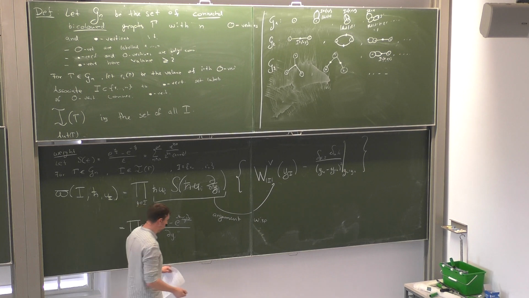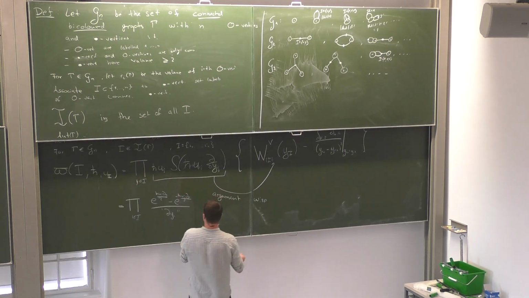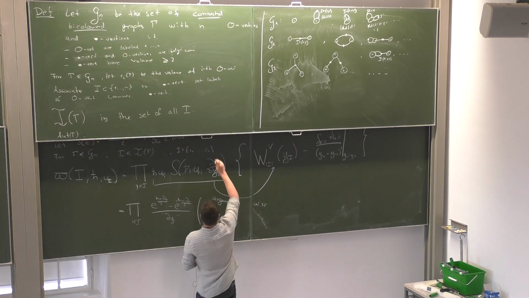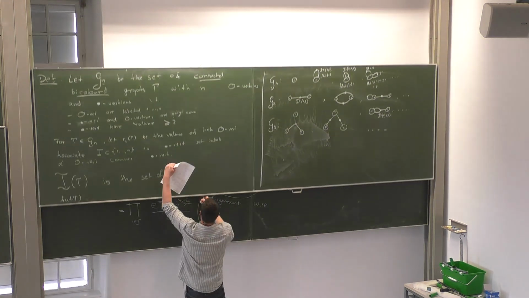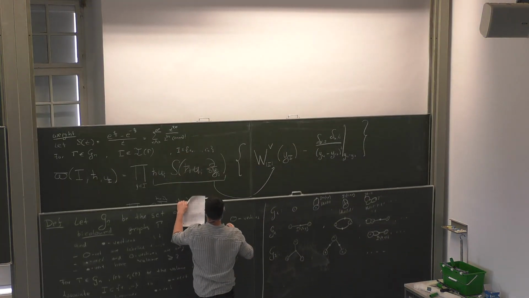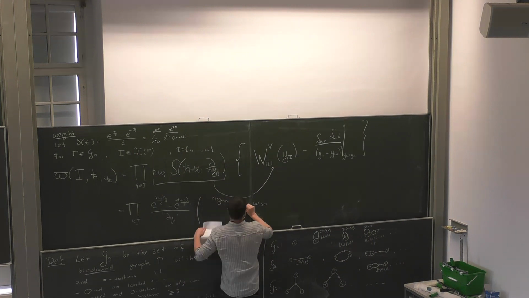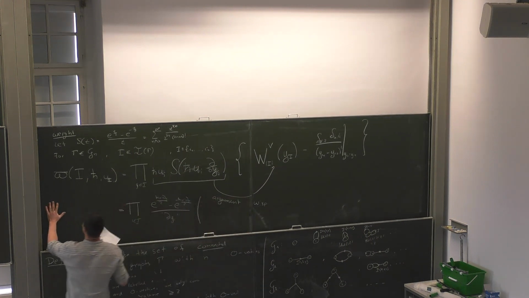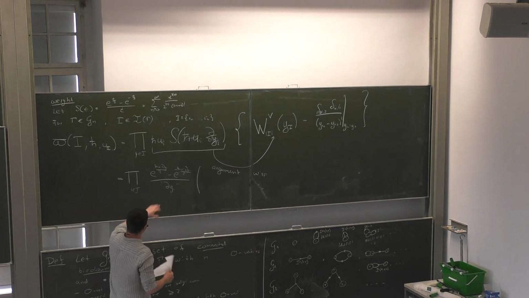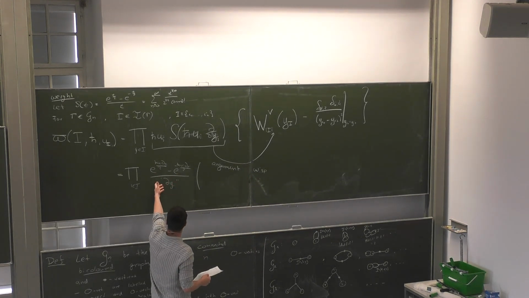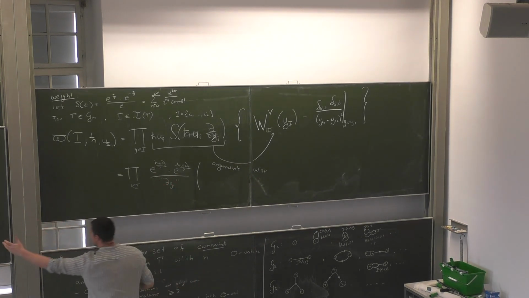Don't show that to an undergraduate student, please. And since we work here with formal expressions in h bar, dividing by a derivative is nothing else than taking the integral formally.